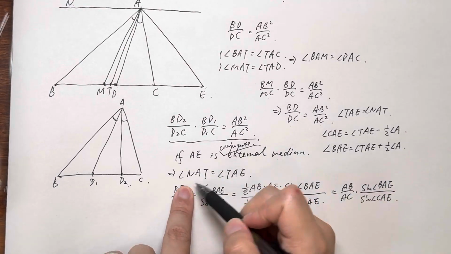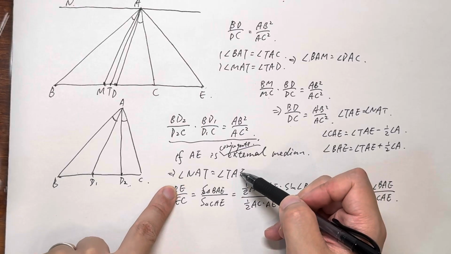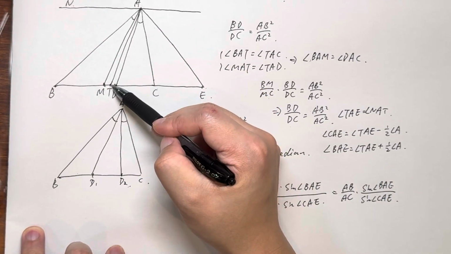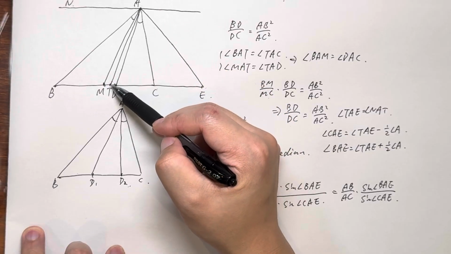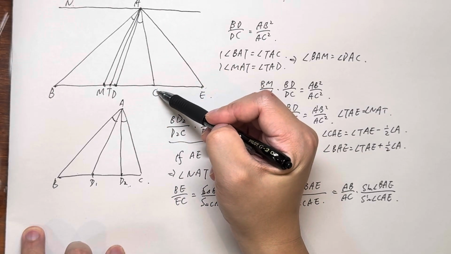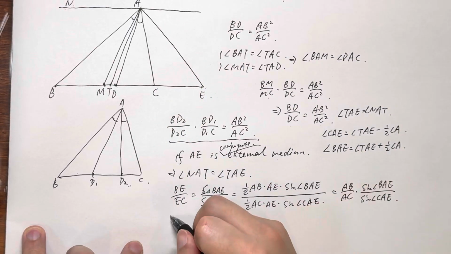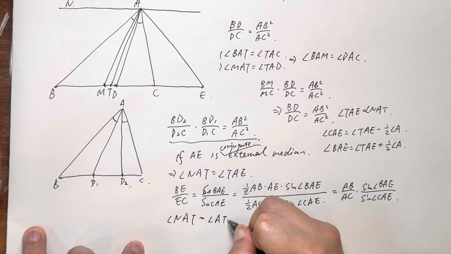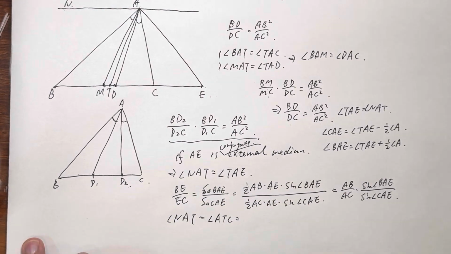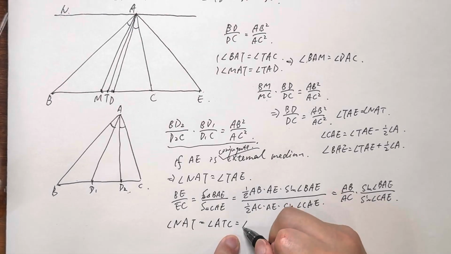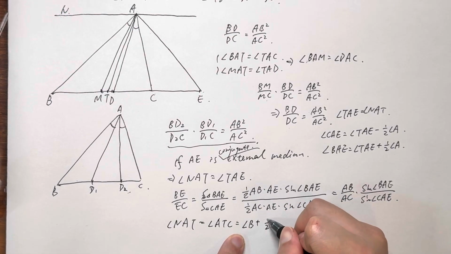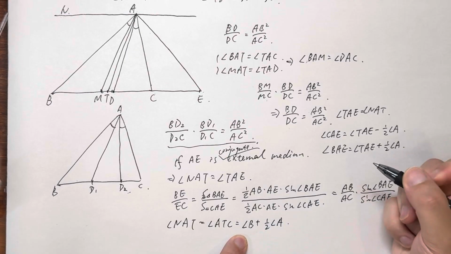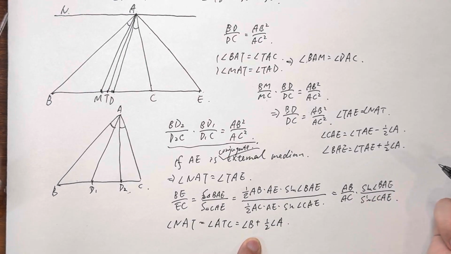So again, what is angle NAT or angle TAE? Angle NAT equals angle ATC, right? So angle NAT equals angle ATC, which is angle B plus half of angle A, right?